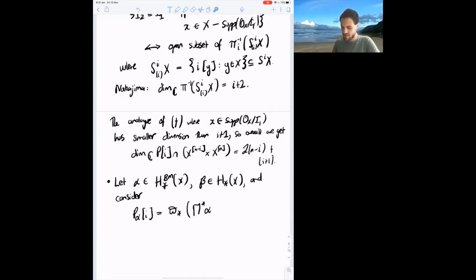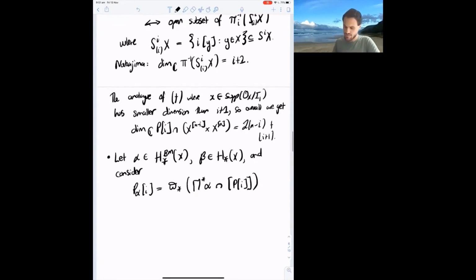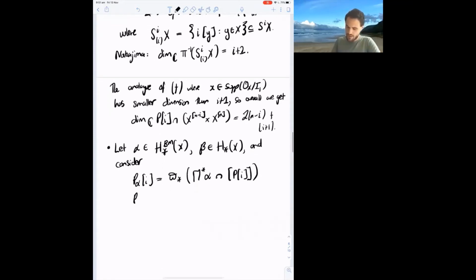And then we can cap with the class of PI, because that lives on the triple product. We're looking at I greater than 0. And then P beta minus I is going to be this push forward, with a similar definition.